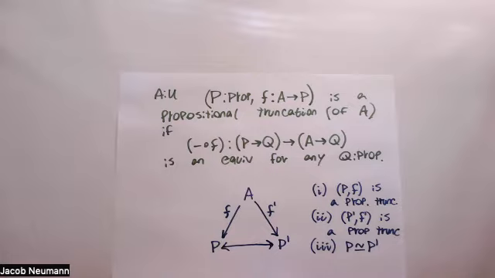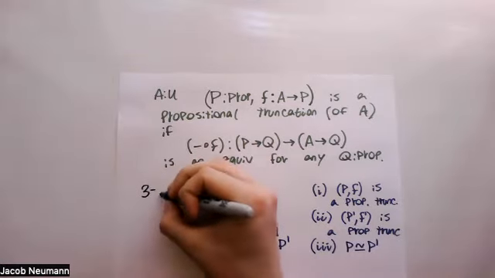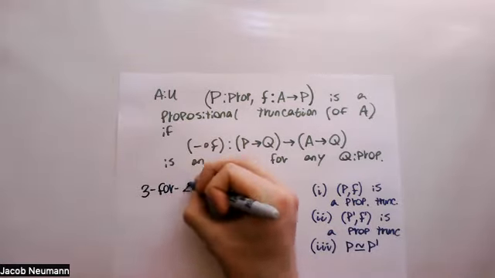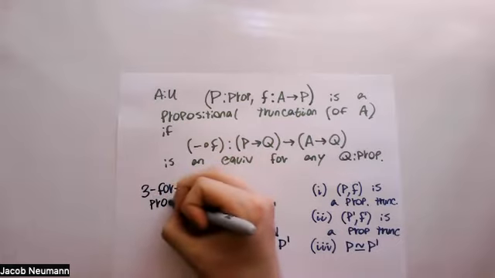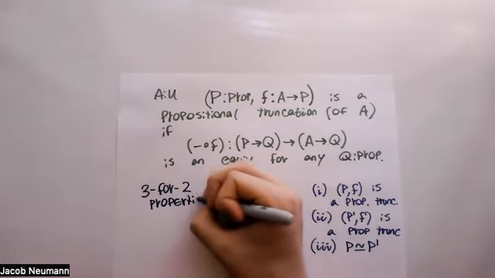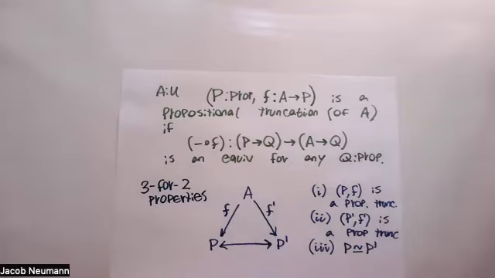All right, so this was the 3 for 2 property, and we like 3 for 2 properties in these areas of math, because they're helpful.